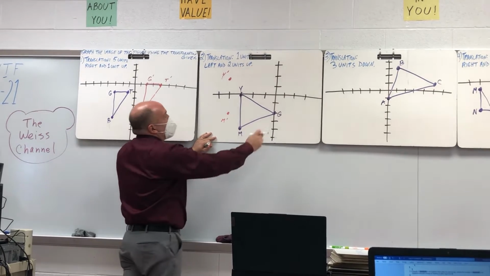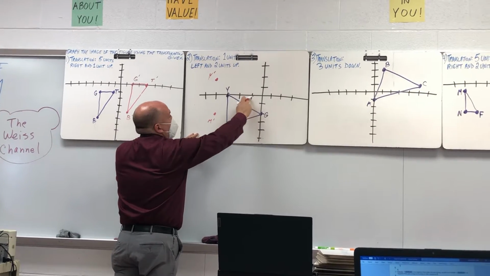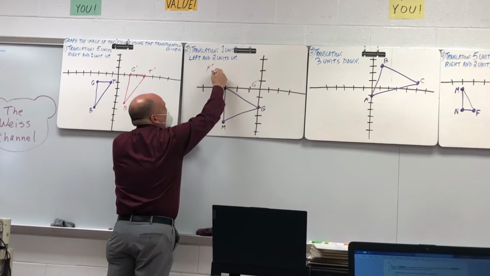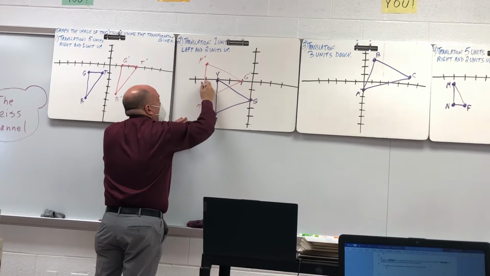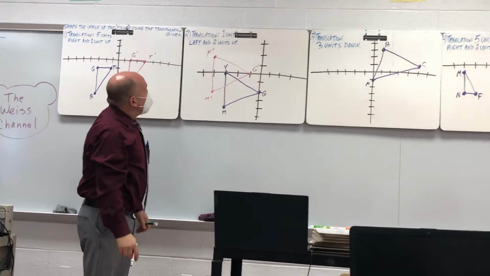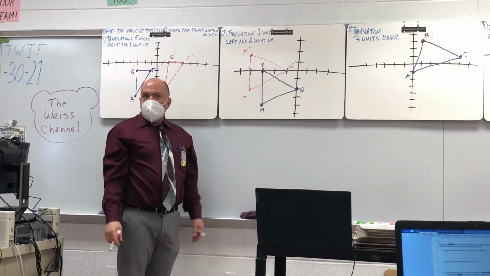I'm going to take G and go 1 unit left and 2 units up, and call that G prime. Connect my dots. Okay? And that is a translation, 1 unit left and 2 units up. No problem there, right?